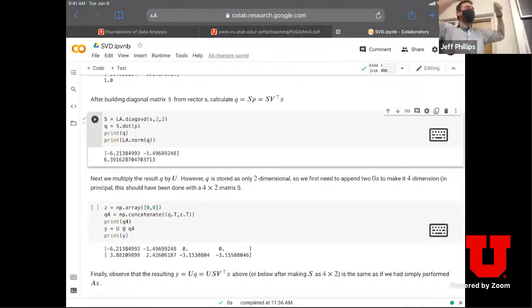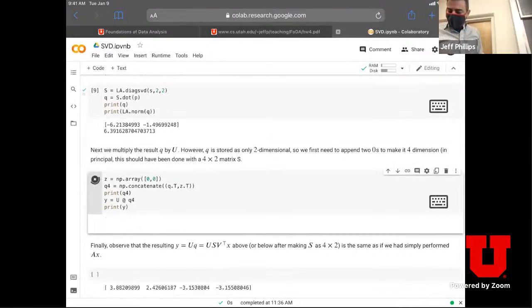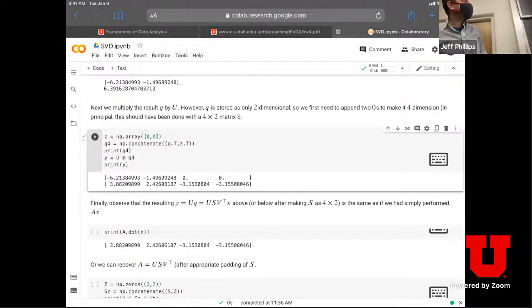But now the norm has stretched it here. In order to multiply it by the U matrix, I need to concatenate some zeros. Okay, so I concatenate some zeros, and then I can multiply it by the U matrix, and I get back as the output a 4-dimensional vector.